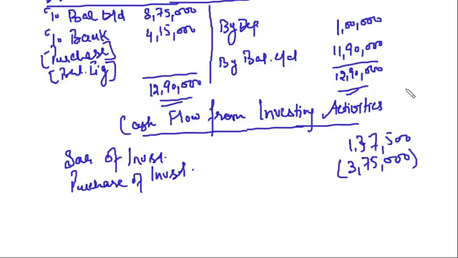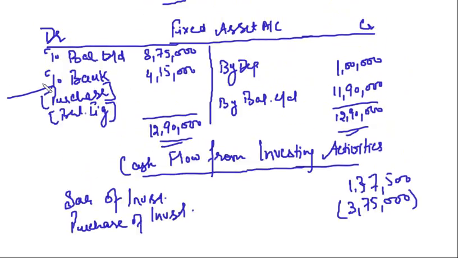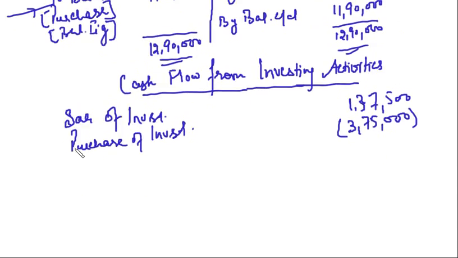Now talking of fixed asset, for the fixed asset we have this purchase of 4,15,000. Purchase of fixed asset, it is 4,15,000.